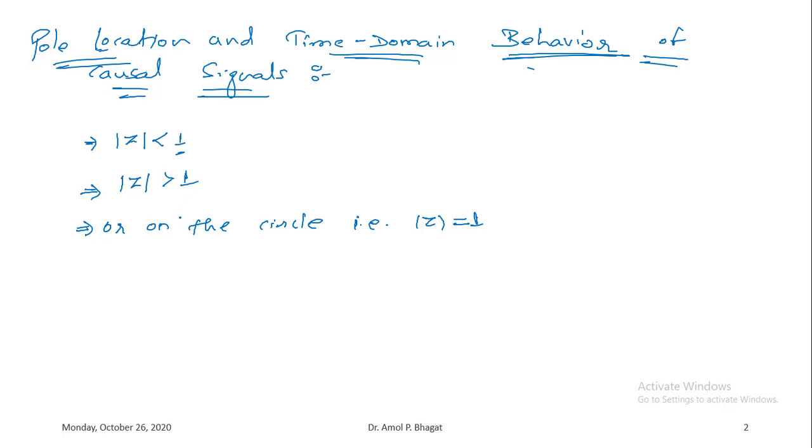That means we are drawing a circle with radius 1, which is called a unit circle. So we are defining the characteristic behavior of a causal signal by taking into consideration the location of poles with respect to the unit circle.